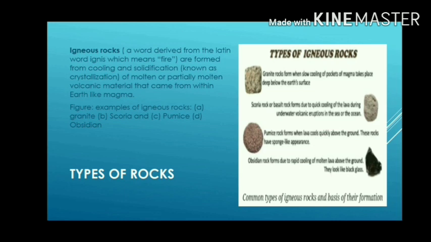Pumice forms when lava cools quickly above the ground. These rocks have a sponge-like appearance, as you can see in our image. Obsidian forms due to rapid cooling of molten lava above the ground. It looks like black glass.